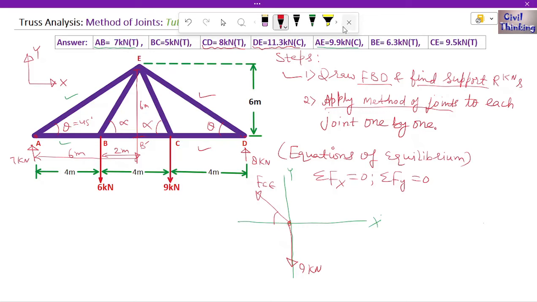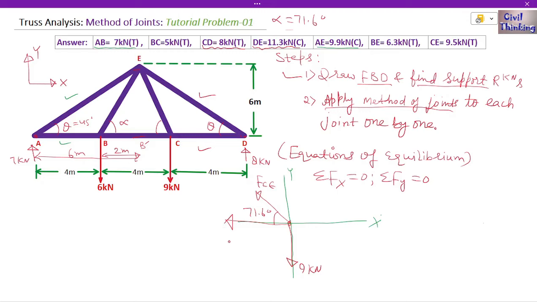And what is the value of alpha? This is 71.6 degrees, right? This is the value of alpha. So we also have the CB member here, right? Let me erase this, we don't need it anymore. We are also going to assume it is tensile.